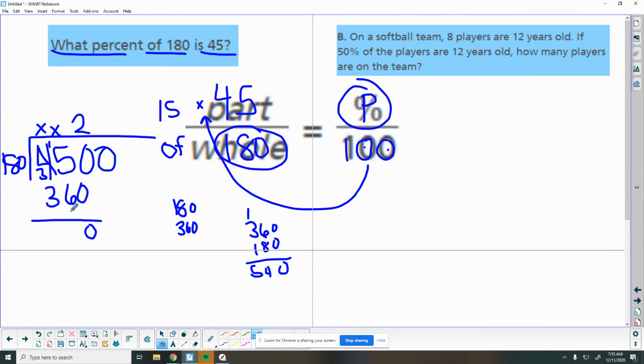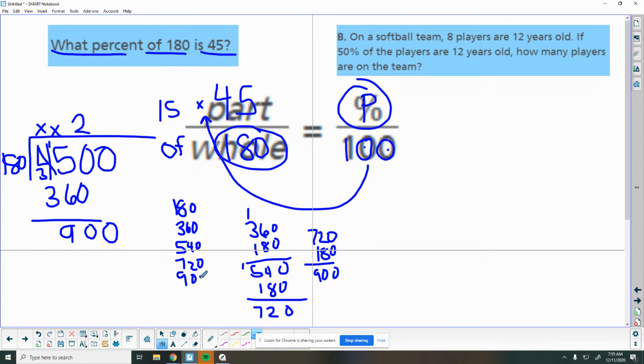And 15 minus 6 is 9 with a 0. So we're at 540 here. So let's keep on adding another group of 180. So there's 720, and 720 plus 180 is going to make 900. So here's 720. 900. So it goes in there 1, 2, 3, 4, 5 times exactly.